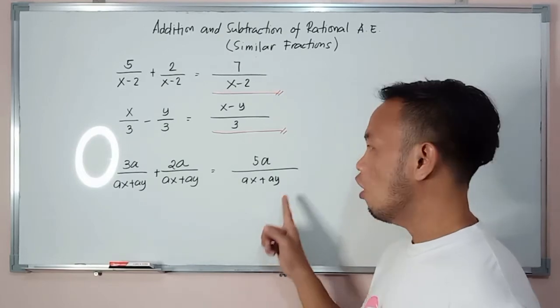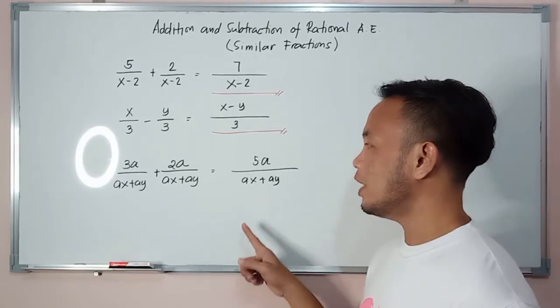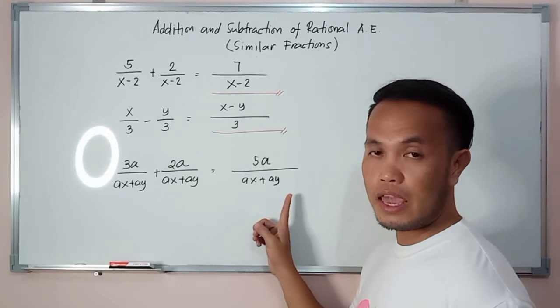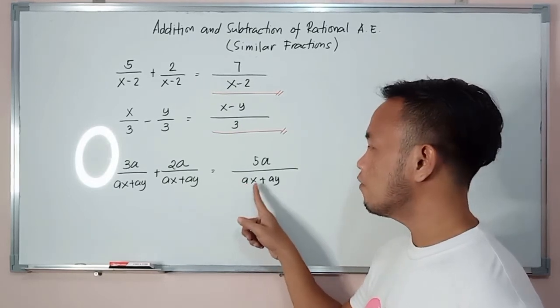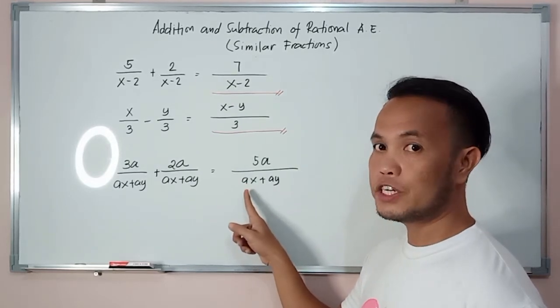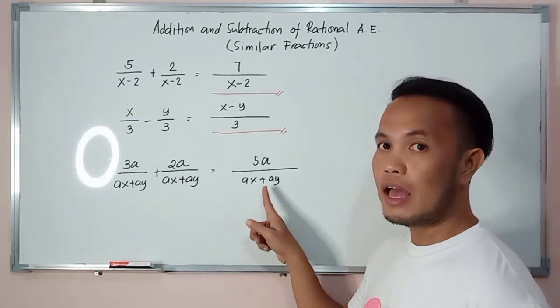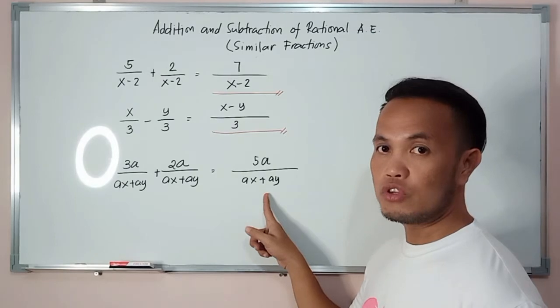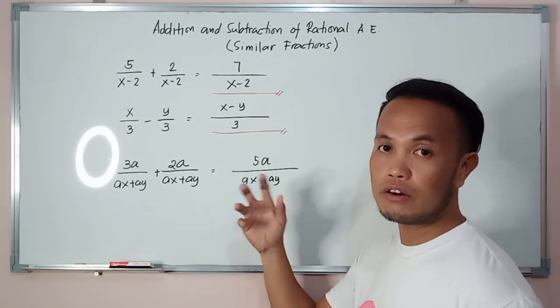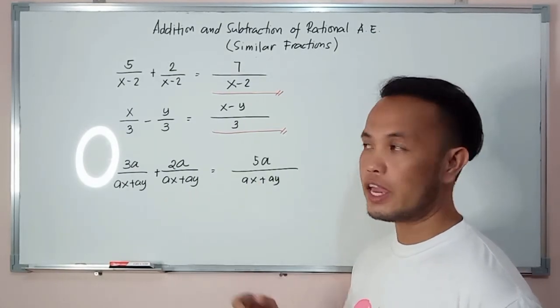That's because of the denominator. In the denominator, we have ax plus ay. We have the common factor within the first term and the second term, which is a. So we need to factor out the common monomial factor a.